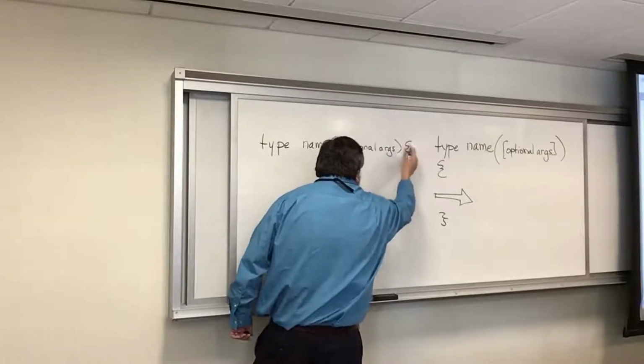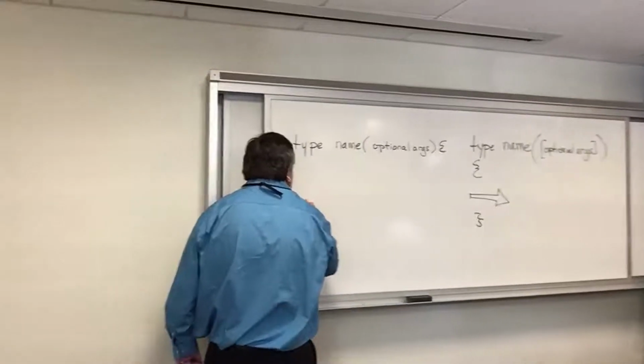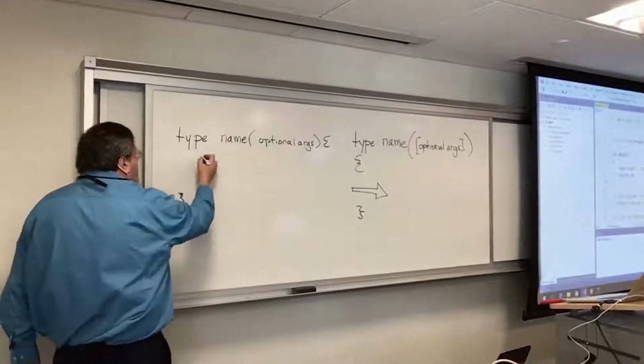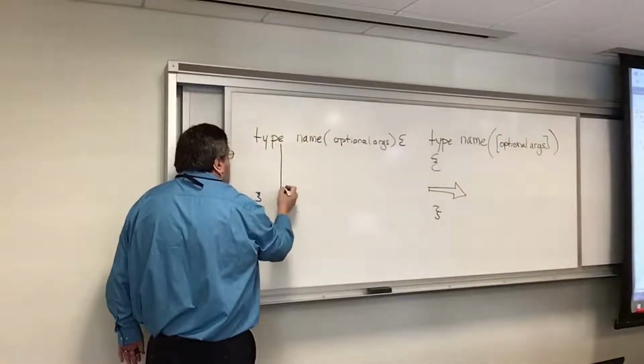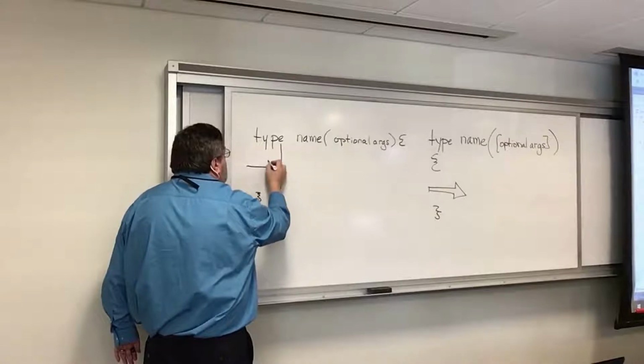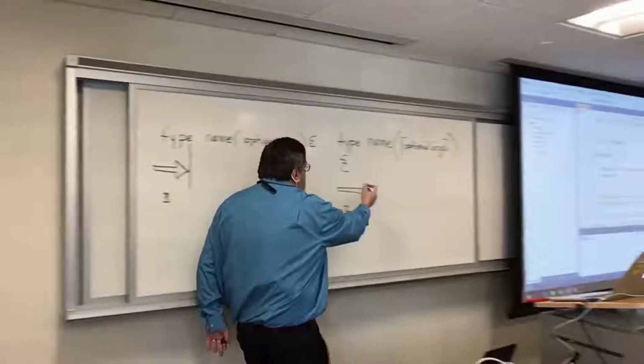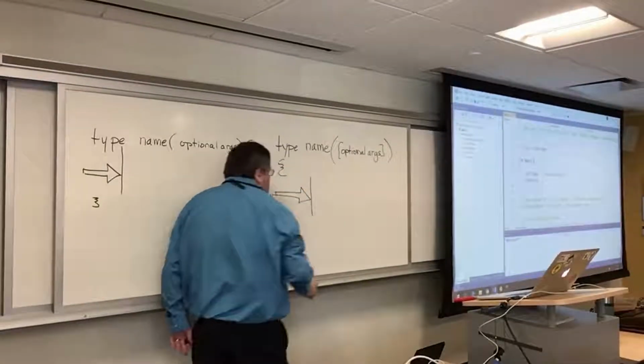Where the beginning brace is on the same line as the function declaration. And then everything that's part of this function is, again, indented by at least one tab stop. Same here.